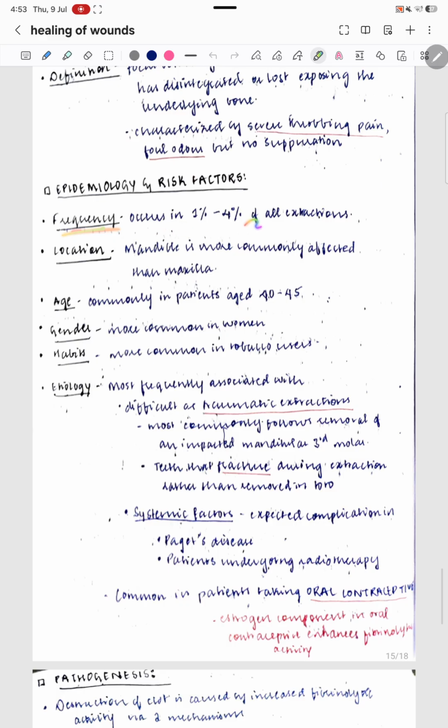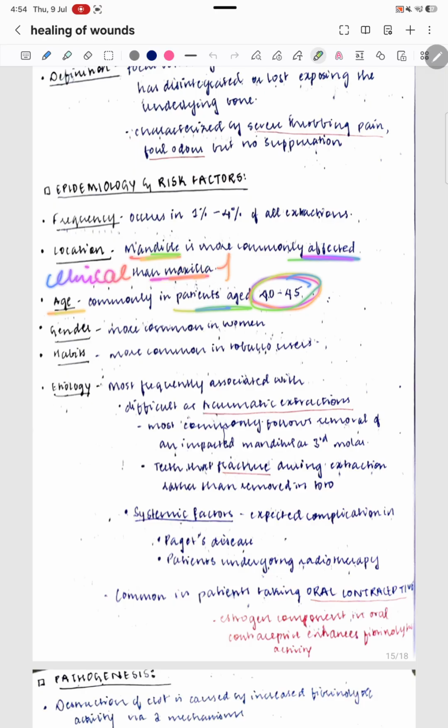Now coming to the epidemiology and risk factors. Frequency: it occurs in 1 to 4% of all extractions, 1 to 4% of all extractions. Then location: it usually occurs in the mandible more commonly than the maxilla. Coming to the age, it commonly occurs in patients of 40 to 45 years. So these are your clinical features.